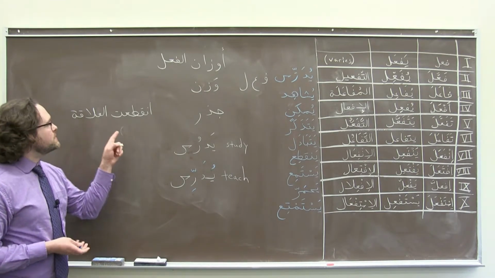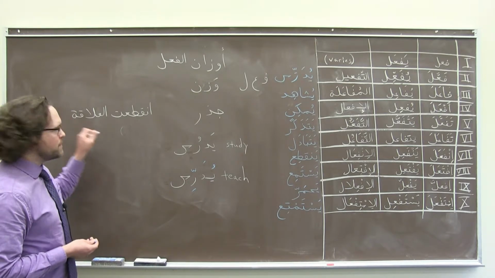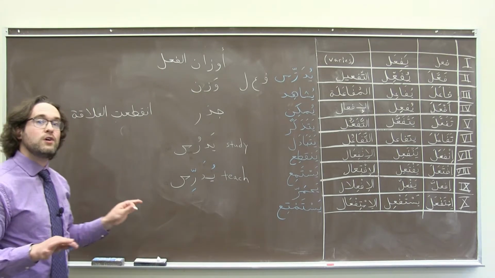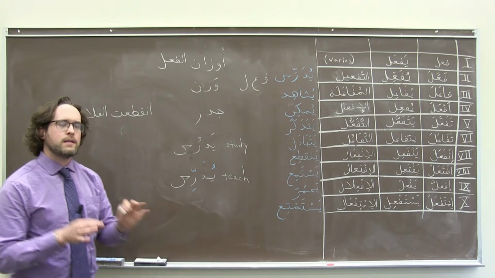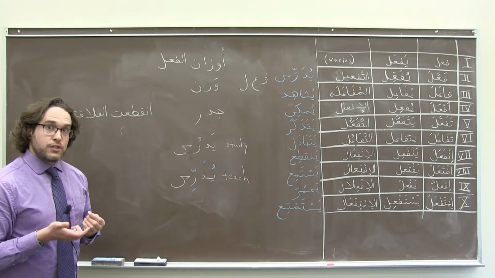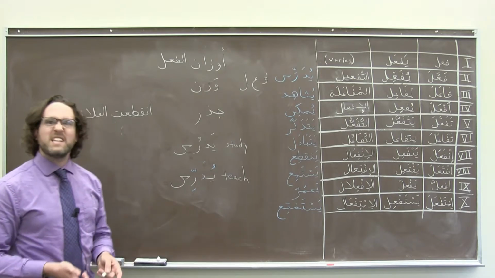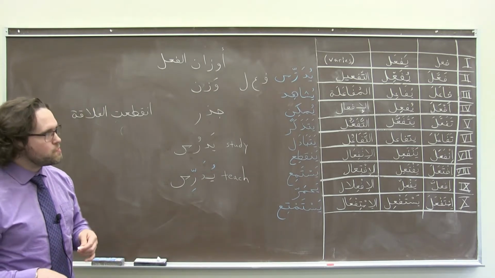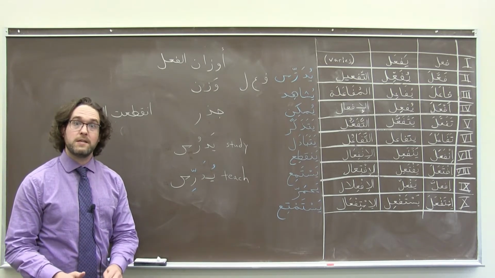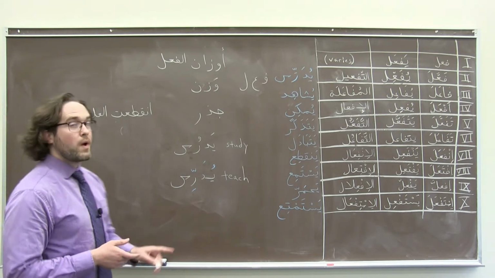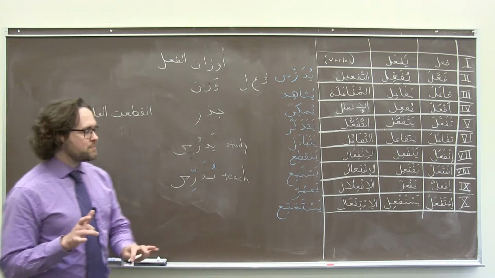No one is being blamed here. The relationship was cut off. Always passive. We're not ascribing an action to a particular person. Or I could say, انقطع الكهرباء. The electricity was cut off. By who? I don't know exactly, but I'd like to give them a piece of my mind. It's a great way to avoid responsibility, actually.